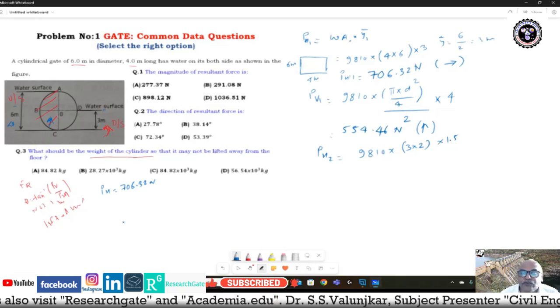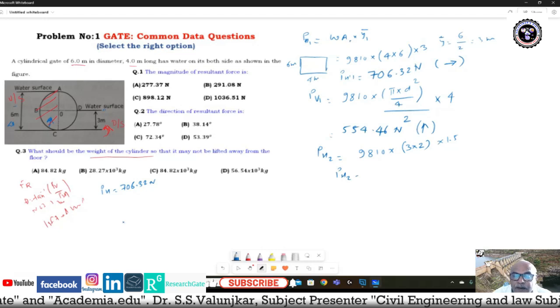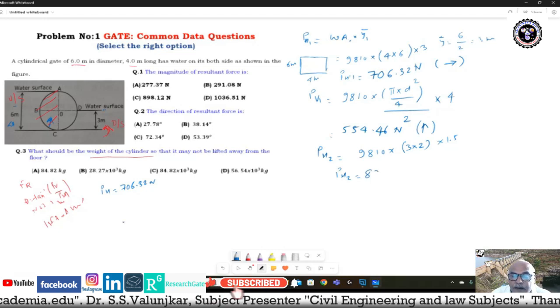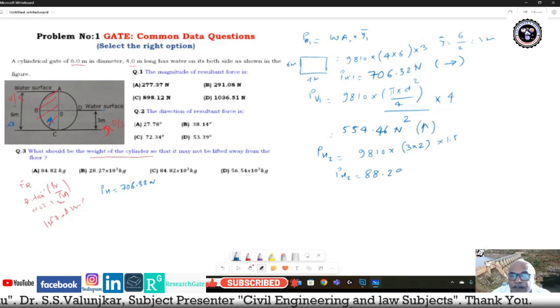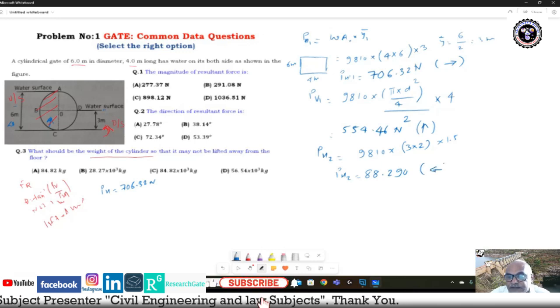Yes, so pH2 is equal to 88.290 in this direction.